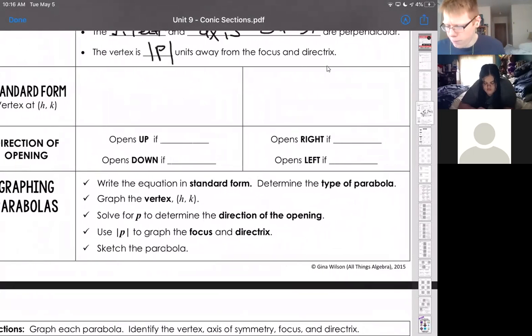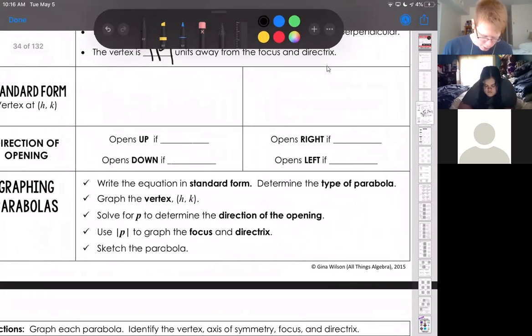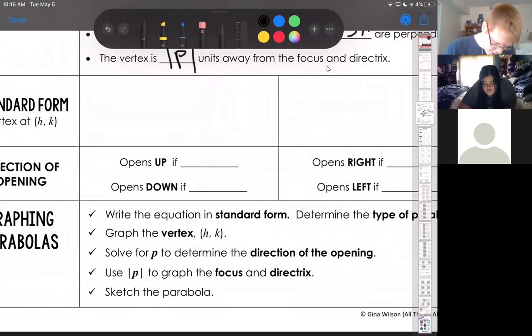We're going to have a standard form for our equation. So we have two formulas, one for vertical, one for horizontal. This first one I'll just put a little v. This is our vertical, this is our horizontal formula, just so you know.